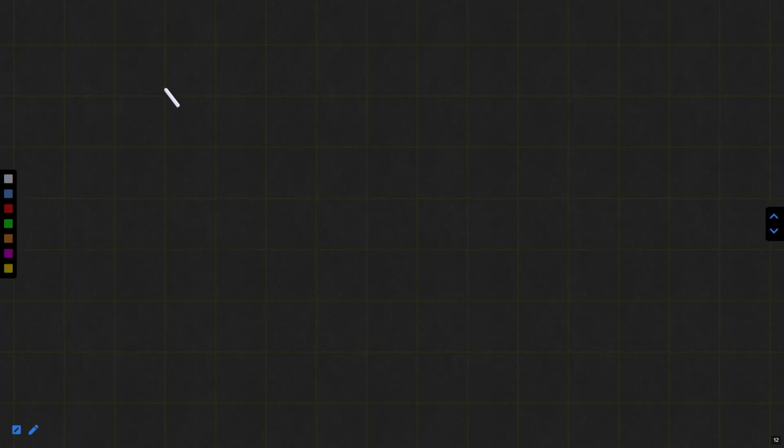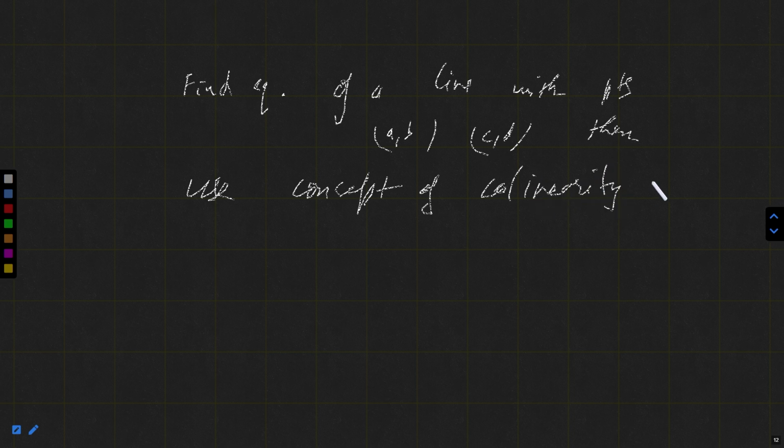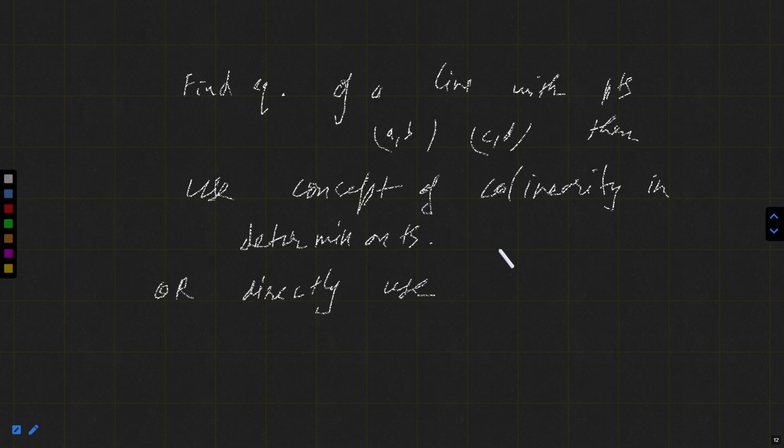Whenever you are asked to find the equation of a line with points a comma b and c comma d, then use the concept of collinearity in determinants, or directly use this thing.